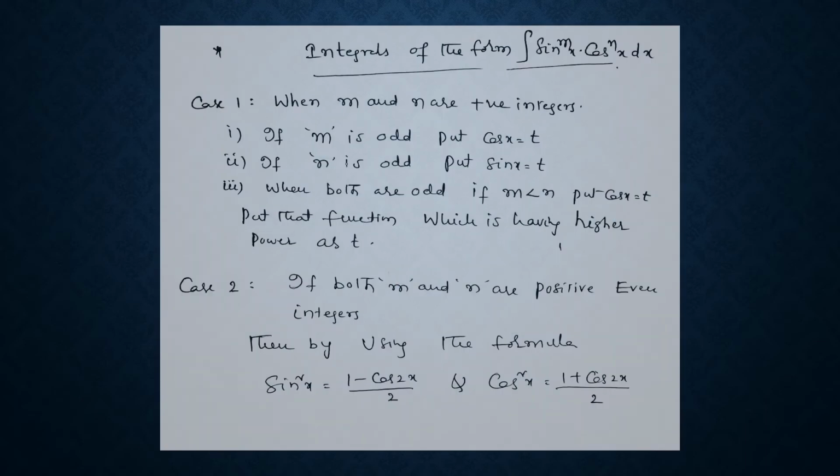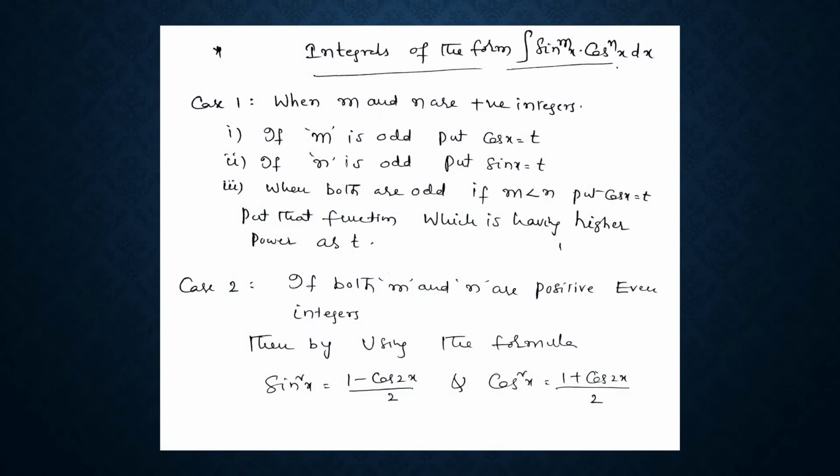Yes, now coming to the next type of problems. If the given integral is of the form integral sine to the power of m x into cos to the power of n x dx, where m and n are positive integers, here we can see two cases. Case 1 is when m and n are positive integers and one is odd and the other is even.